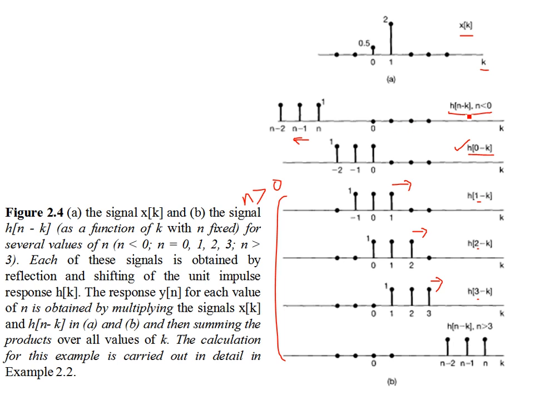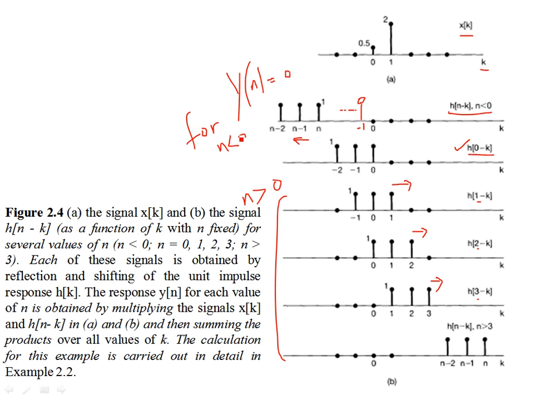So even for n equal to -1, you are going to start from -1 over here. Then you have the three samples. So there is no overlapping, which means that y of n will be equal to 0 for n less than 0. Do you understand that?